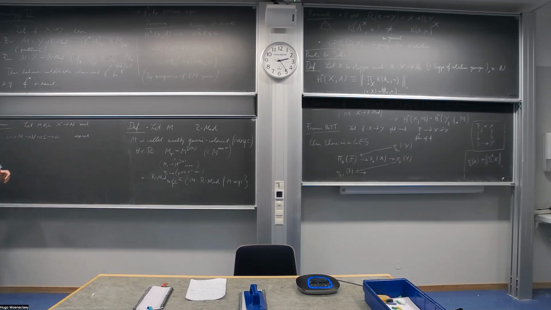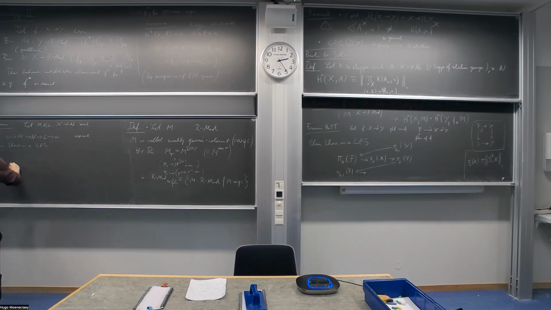Yeah, what you get in this situation is the long exact sequence of cohomology groups. There is a long exact sequence, a lot like this one over there, but with indices flipped.